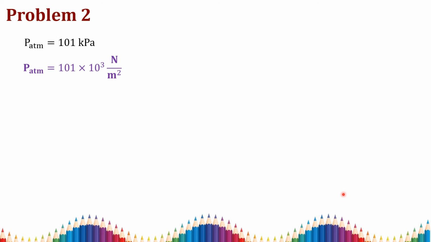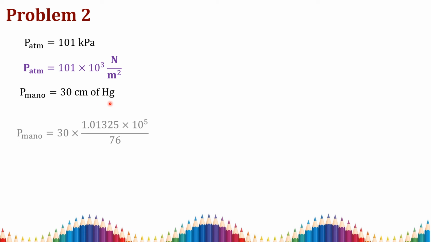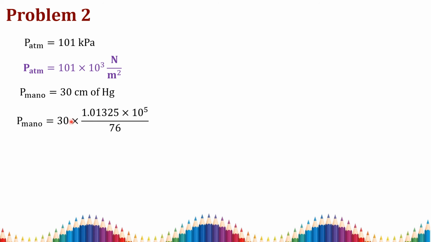So here atmospheric pressure is given as 101 kilopascal. Okay, so kilo is 10 to the power of 3. So I can replace and write, since 1 Pascal equals 1 Newton per meter square, the atmospheric pressure is equal to 101 into 10 to the power of 3 Newton per meter square. The next one is manometric pressure. Manometric pressure is given as 30 centimeter of mercury. So I am converting 30 into 1 centimeter.